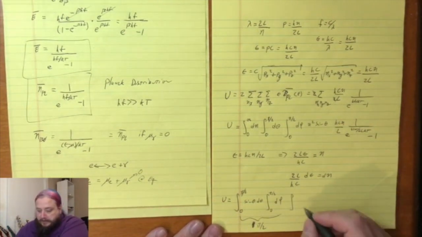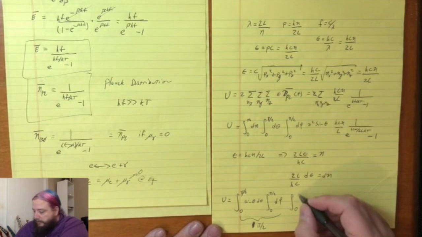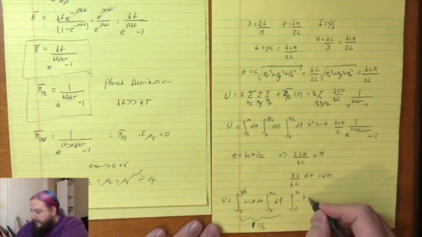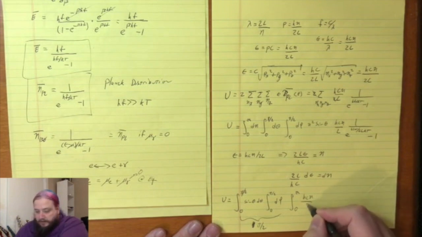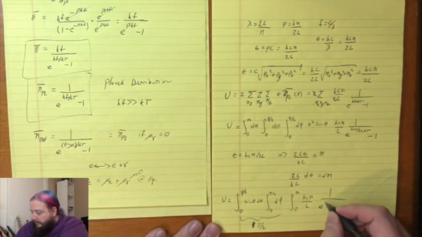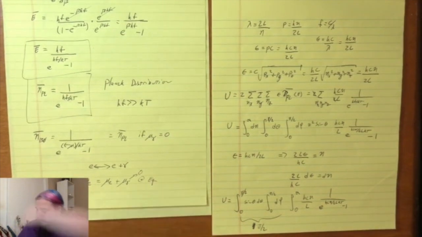And then our radial integral, in this case our energy integral, 0 to infinity. What's left? The hcn over L's, and 1 over e to the hcn over 2LkT minus 1.